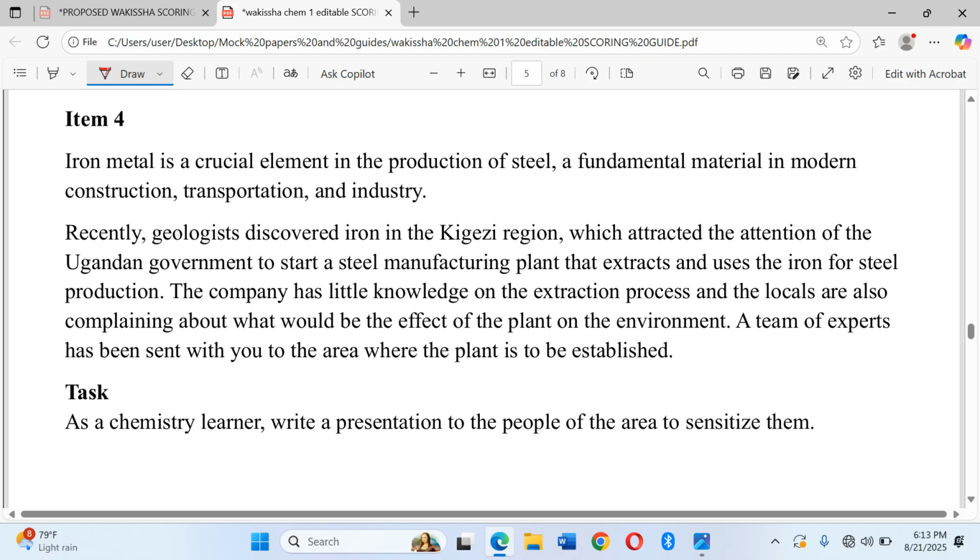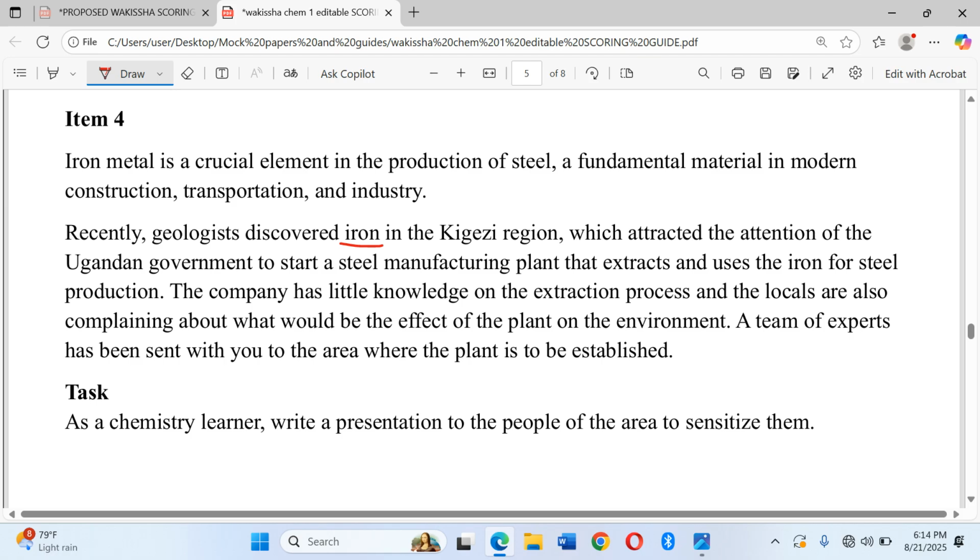Iron metal is a crucial element in the production of steel, a fundamental material in modern construction, transportation, and industry. Recently, geologists discovered iron in Kigezi region, which attracted the attention of the Ugandan government to start a steel manufacturing plant that extracts and uses the iron for steel production.